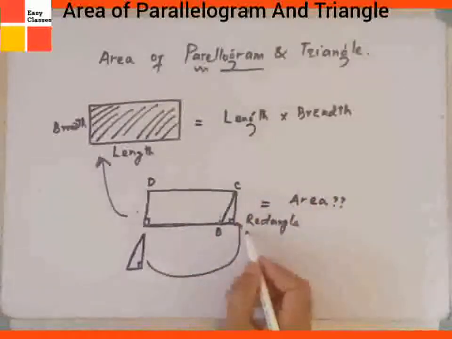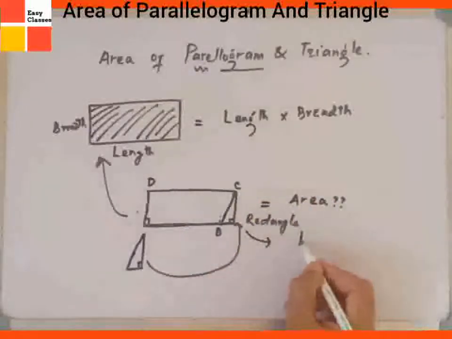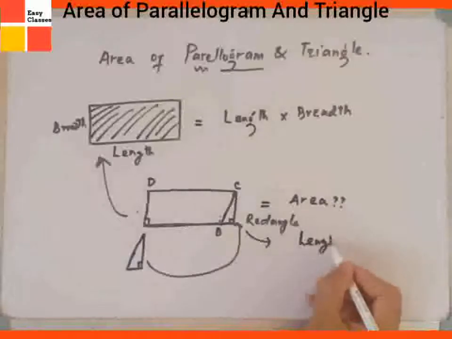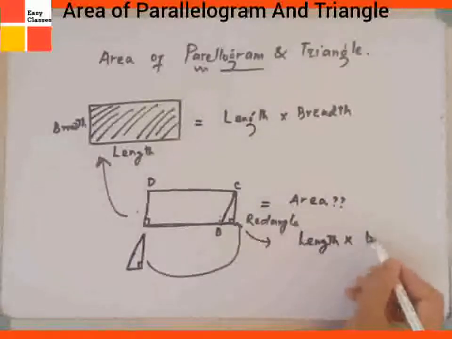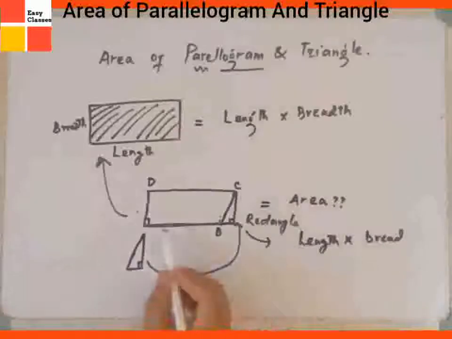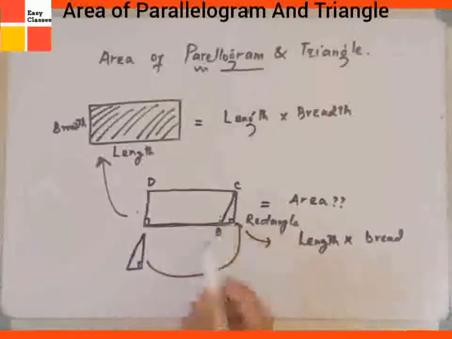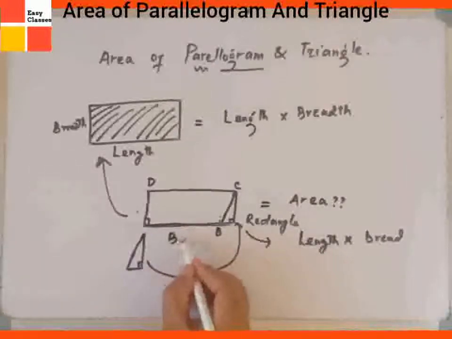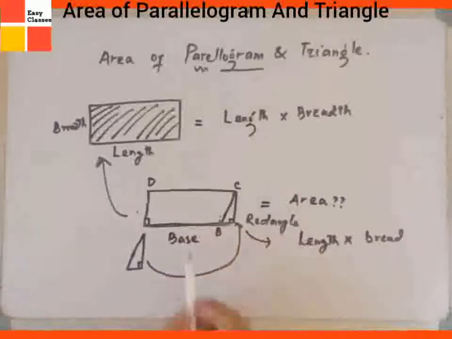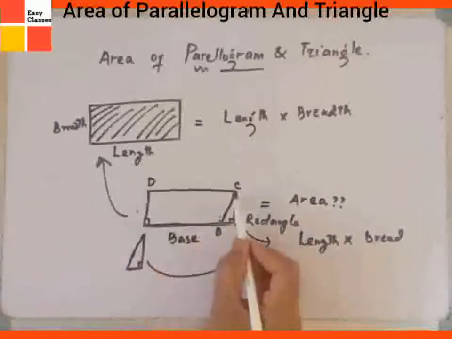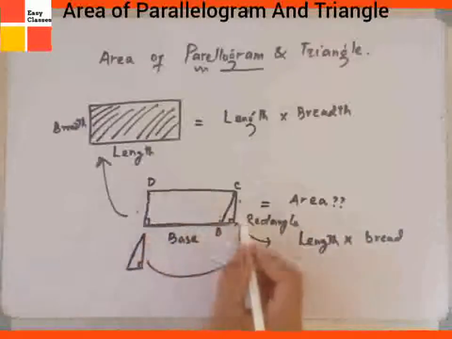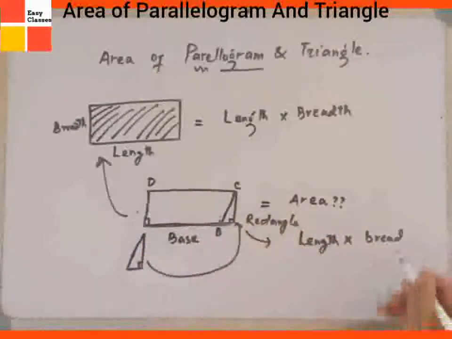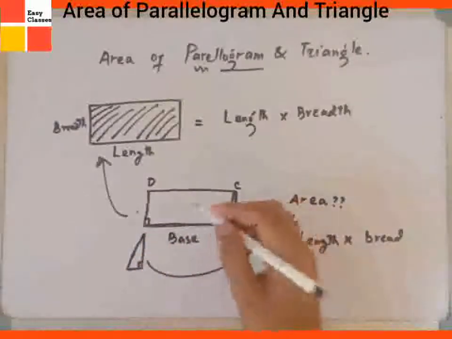into breadth. Now the area of this parallelogram will be length into breadth, right? So this is the length. Now in case of a parallelogram we call it the base, right? And on this base we actually draw a perpendicular, and this is called the corresponding height.